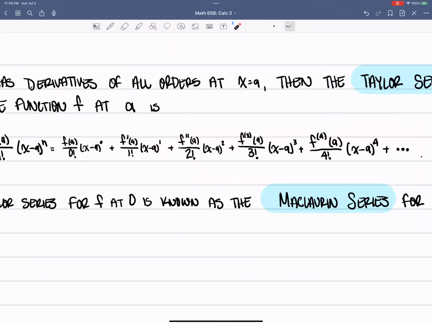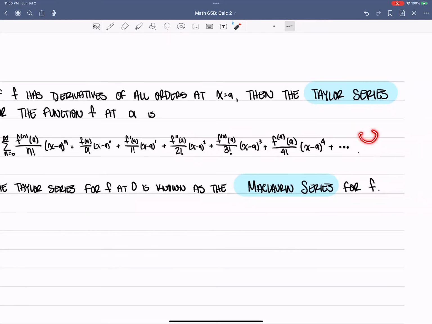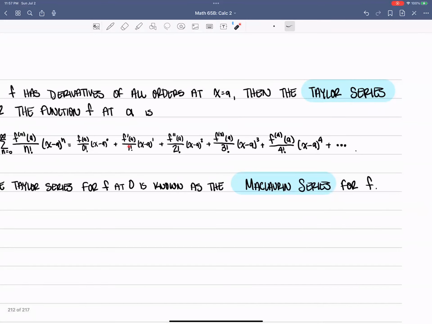Here we have our original function, our first derivative, second, all the way up to the nth derivative, depending on where we're stopping. These go on infinitely, so forever. At the bottom we have our factorial: 1 factorial for the first derivative, 2 factorial for the second derivative, and so on.